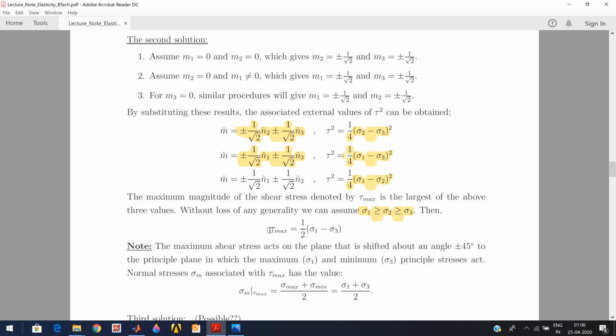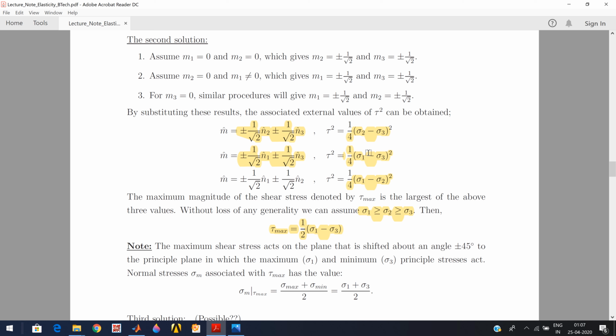Then we will see that tau max will be, because we have these three values, 1 by 2 times sigma 1 minus sigma 3. So it is half of the difference of the maximum and the minimum normal stress. So that's the maximum shear stress magnitude, and it occurs along the plane of this one.